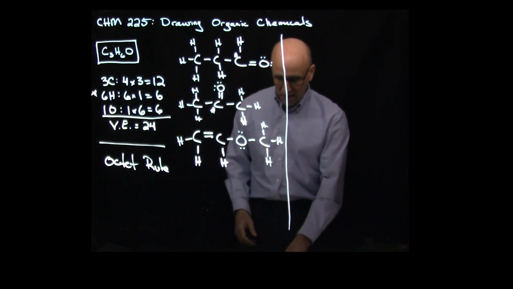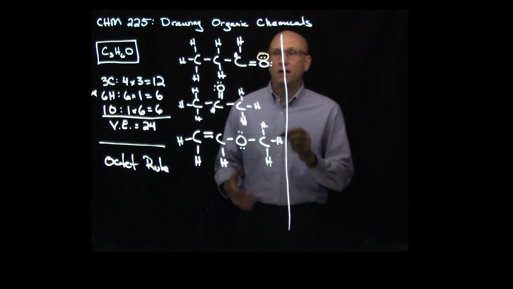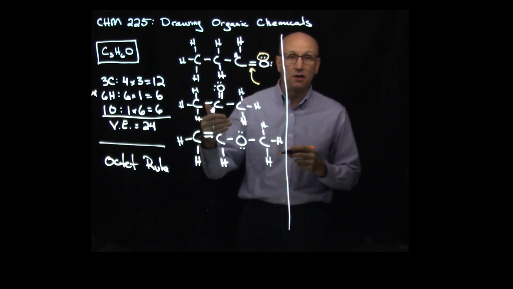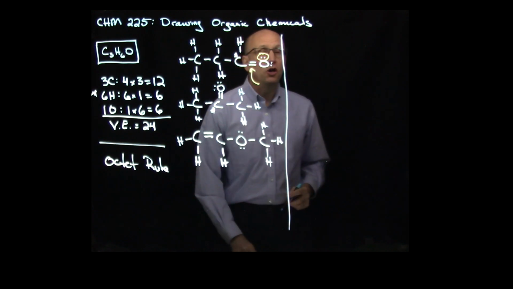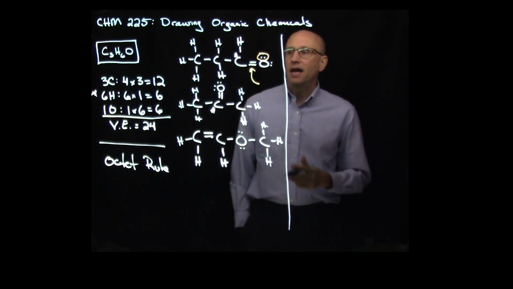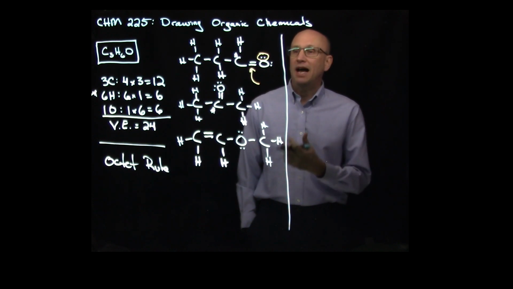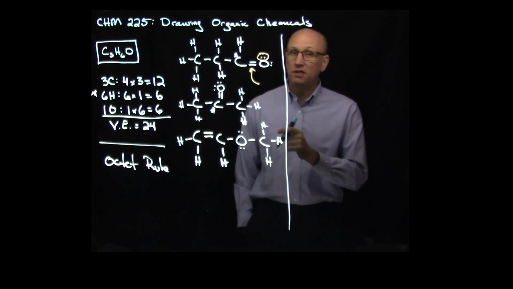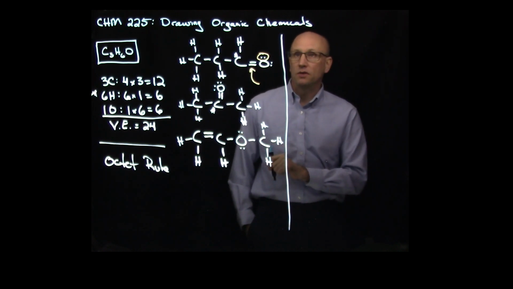We do want to know where all these lone pairs are. I want to know about these bonds. I want to know where the hydrogens are. But we're going to have some tricks to do a shorthand notation called bond line drawings that allow us to draw these structures very quickly without drawing in all this detailed information. We still want to know the information is there, but we're going to create shorthand notations.